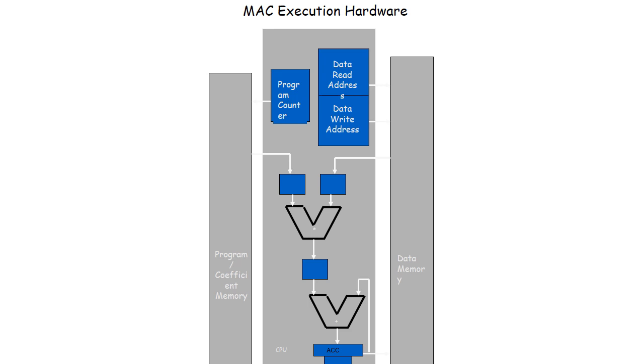So the addresses will be specified, and we have to read as well as write values. After that, the values are sent into the processing unit. This processing will be stored in the memory, that is the program or coefficient memory or data memory. After that, it is sent into the accumulator. The accumulator will store the data values and then pass them into the CPU processing unit.